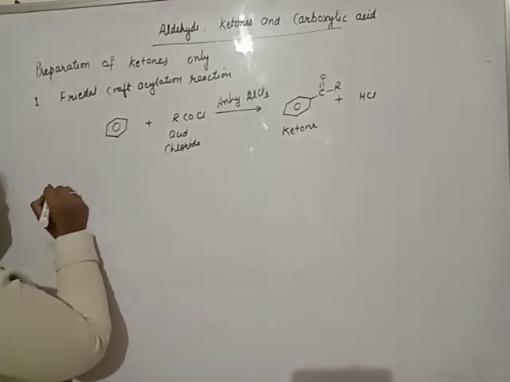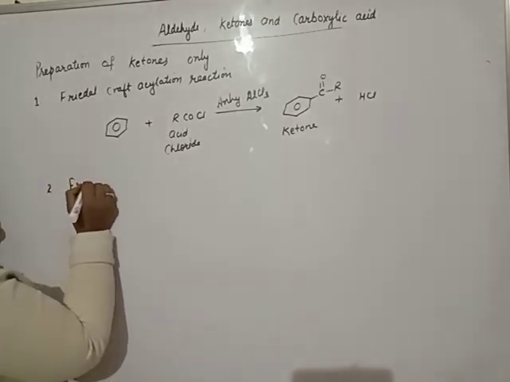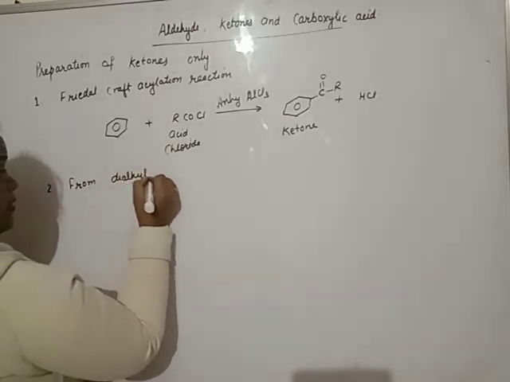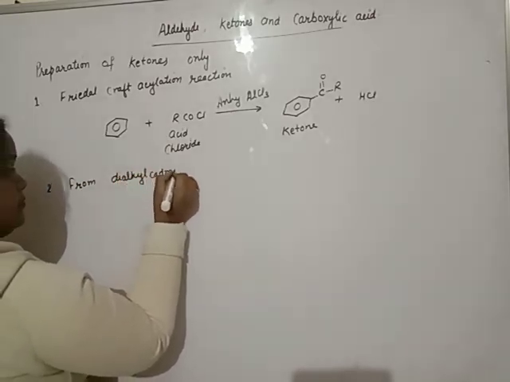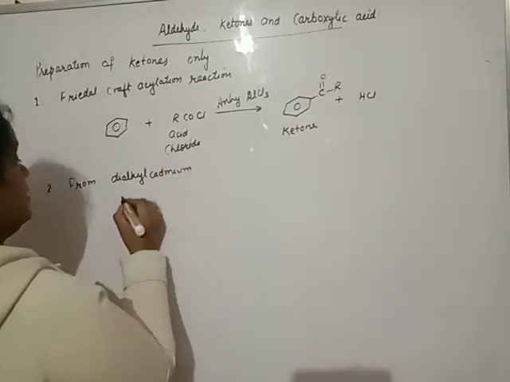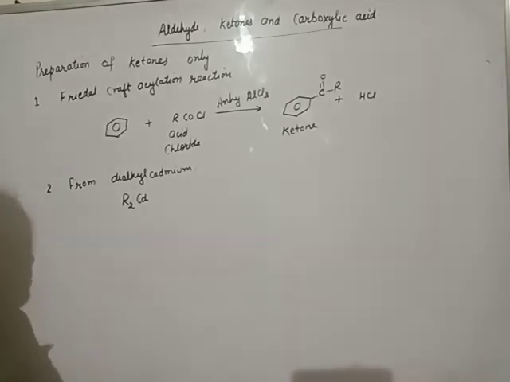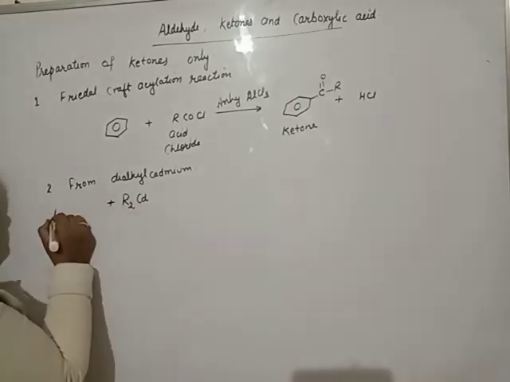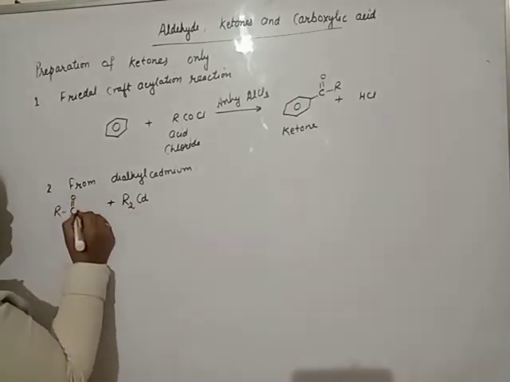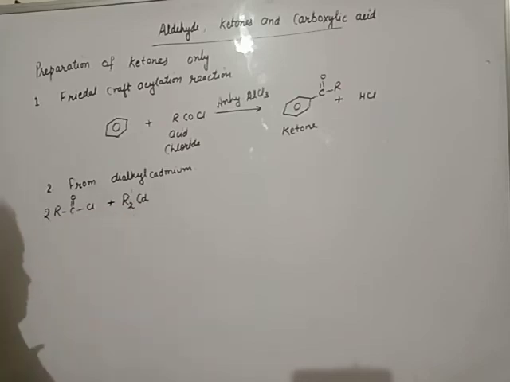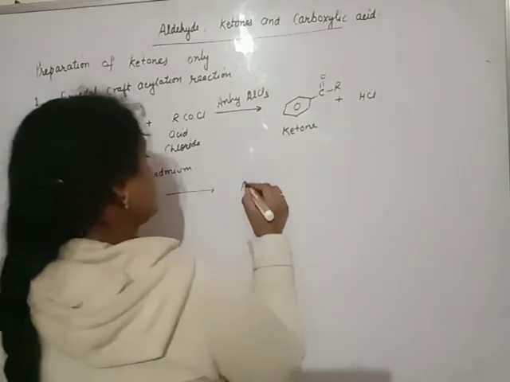Another one is from dialkyl cadmium. Beta, dialkyl cadmium is treated with acid chloride. Two moles of acid chloride react with dialkyl cadmium to give ketones.